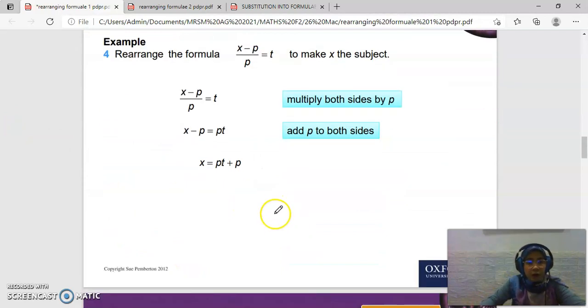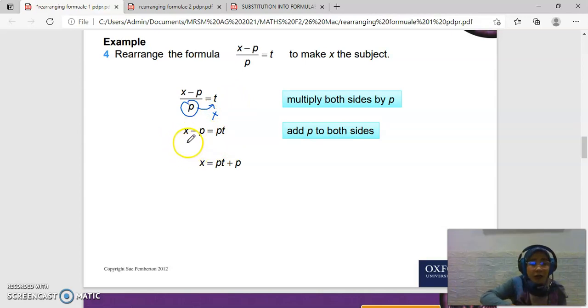We go to example 4. Arrange the formula x minus p over p equal to t to make x the subject. As I said before, we must bring anything in the denominator. So p is located at the denominator. You bring it to the other side, and the operation multiplication will be involved. So x minus p equal to pt, p times t.